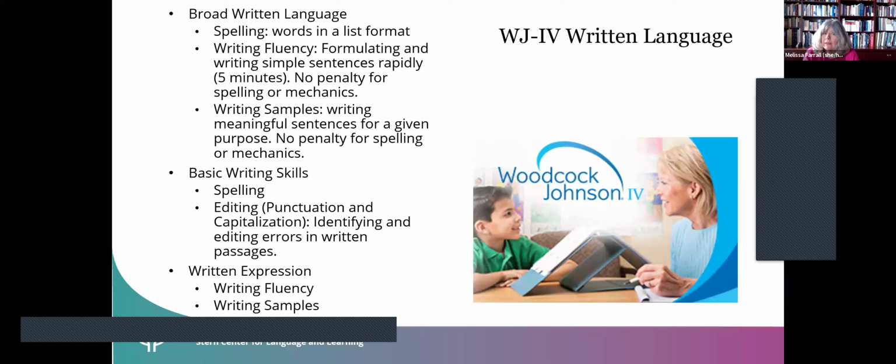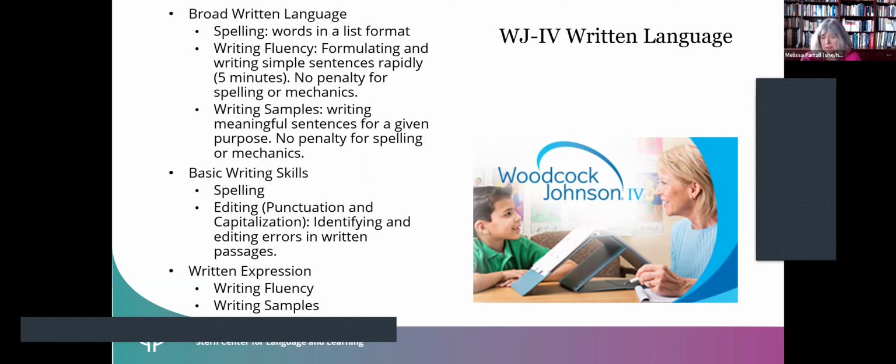Might be fine for younger kids, right? Because we don't really expect really young kids to write paragraphs. But I guess my question is, is this a valid measure of writing skill at the middle school or high school level? It would seem to me it could be part of an eval, but it would be incomplete.